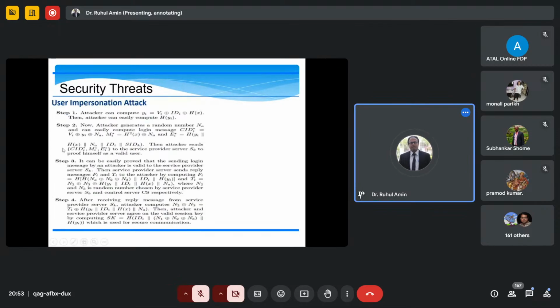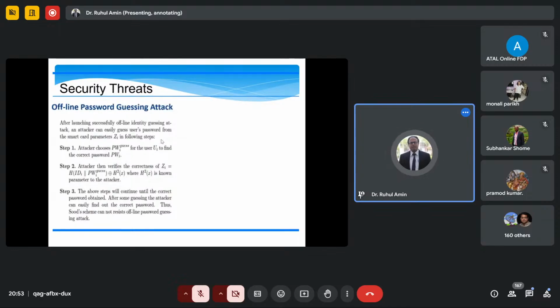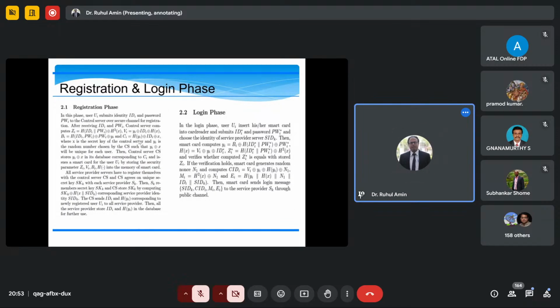Like that, impersonation attacks are also there. Impersonation attack means, for example, that the attacker is trying to act as a valid user. In that case, the attacker should generate the correct login message.